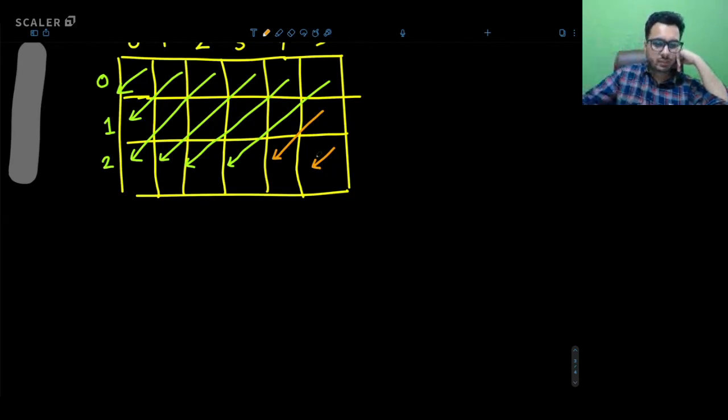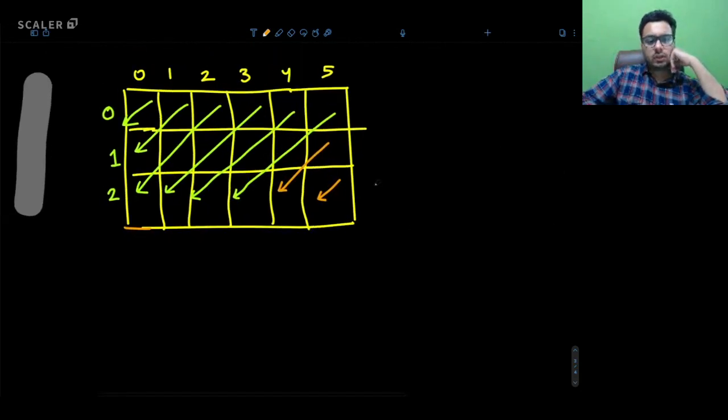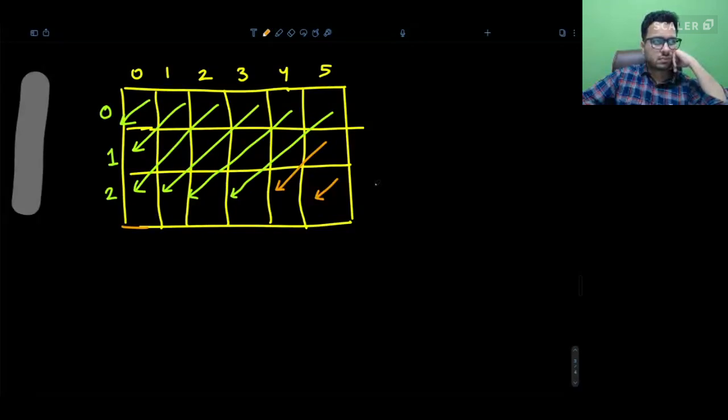Are you getting it? So this is what I want to do. I want to do the diagonal iteration. Can I say for the green set of diagonals, these are the starting points?